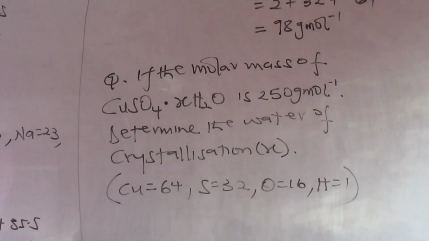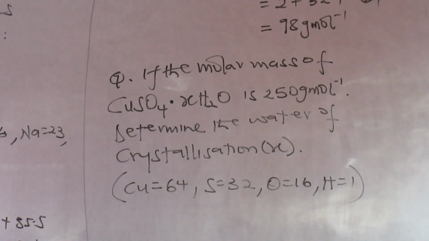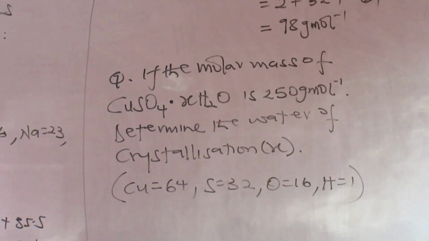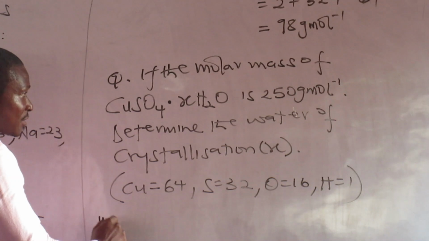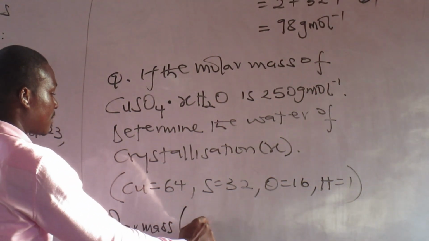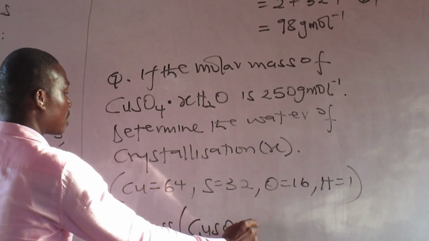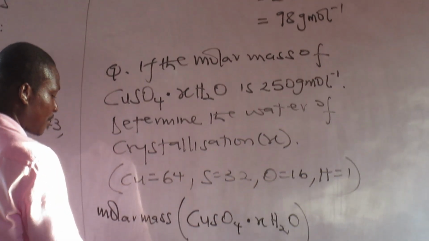Okay, let's look at our next application here. If the molar mass of copper sulfate plus X hydrate is 250, determine the water of crystallization, X. So I need to get the molar mass of this stuff here. Let's go.